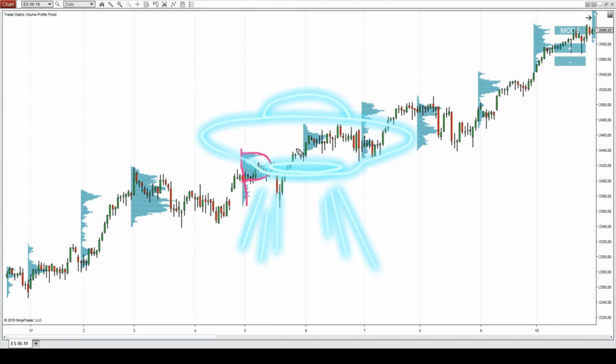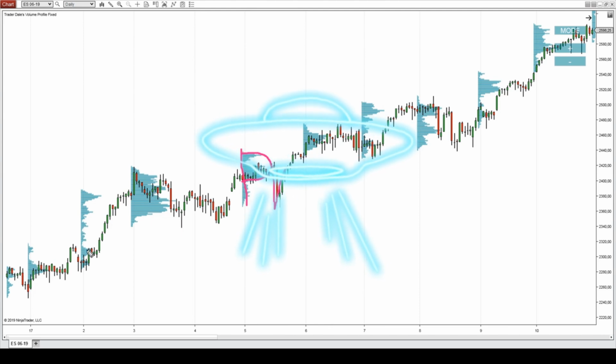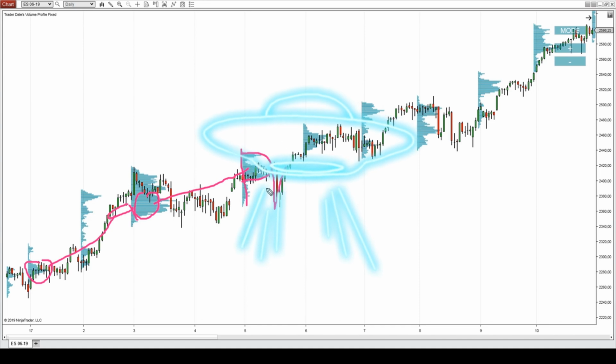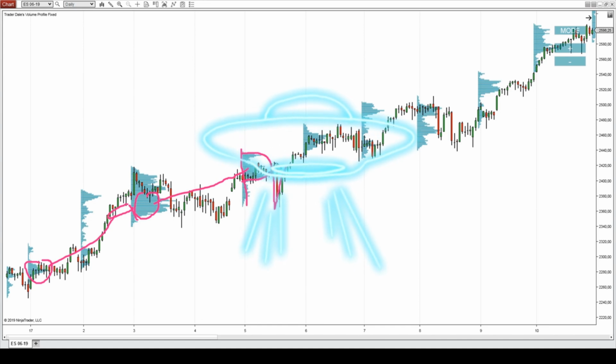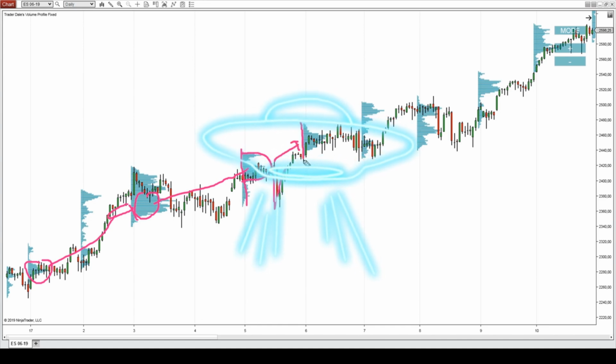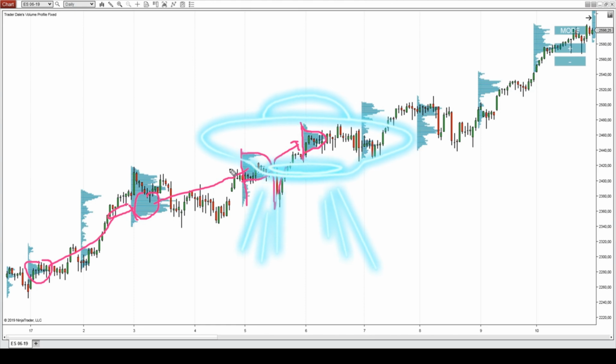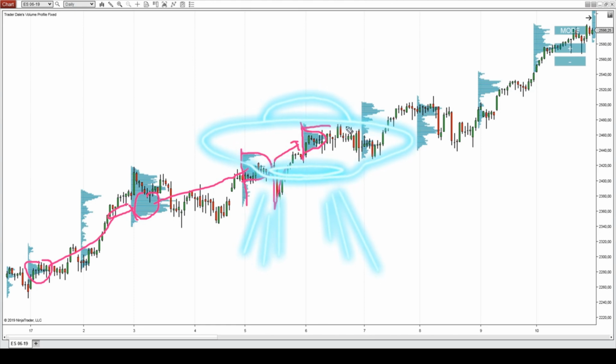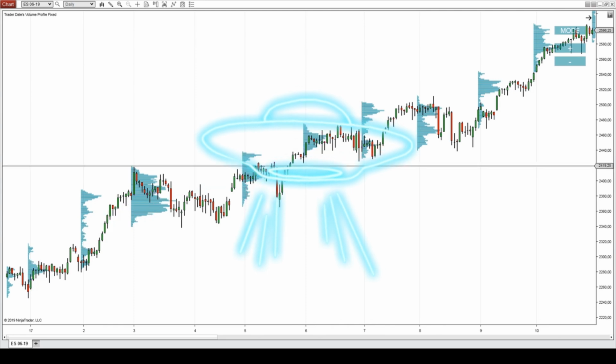There's a P-shaped profile. You can see that there was a rejection of lower prices and the volumes are shifting upwards. The fair value is shifting upwards. Now there is a D-shaped profile and again the volumes are going upwards. Higher prices got accepted.